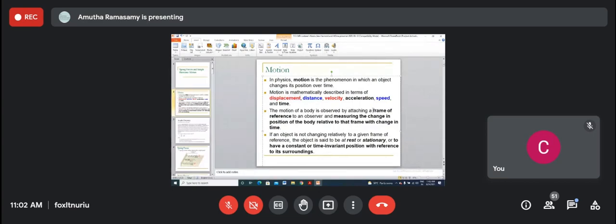So the representation of a frame of reference is very important to describe a motion, or to represent anything in space to an observer, and to measure the changes in the position of the body relative to that frame with a change in time. There is a change in the parameters. This change in the parameters is happening in a frame of reference, and we are observing it over a period of time.